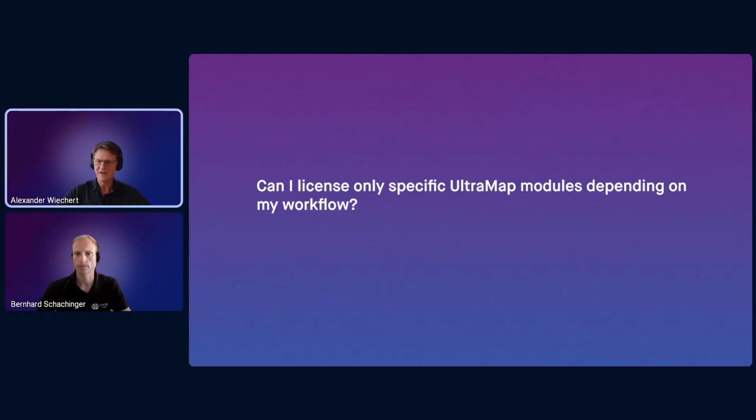Next question. Can I license only specific UltraMap modules depending on my workflow? The answer is yes, you can, but this is a kind of a waterfall model. We have the modules in the chain, like the essentials, the AT, the dense matching, the ortho pipeline, the 3D module. And the modules are always building on top of each other.